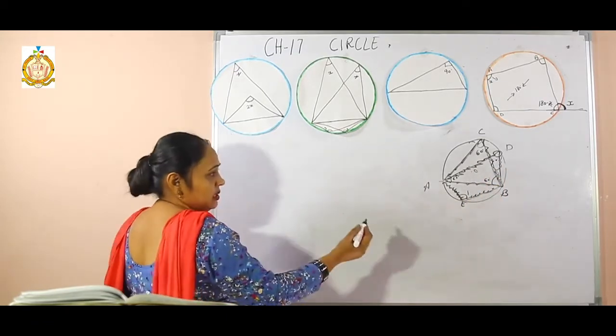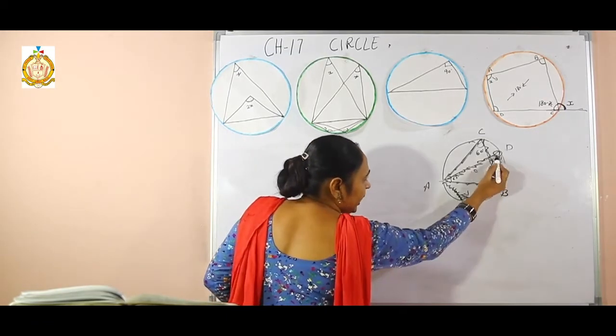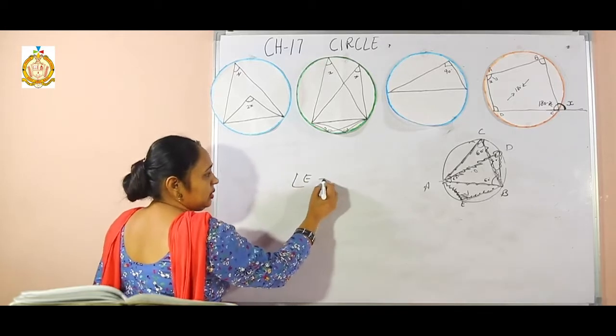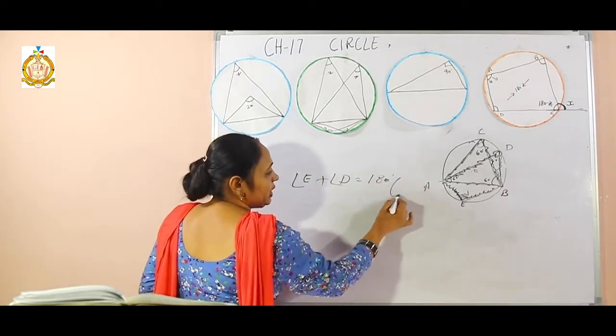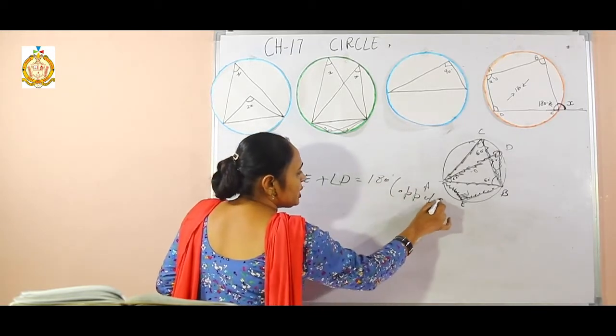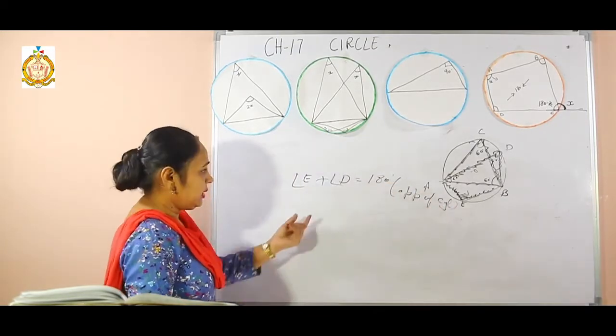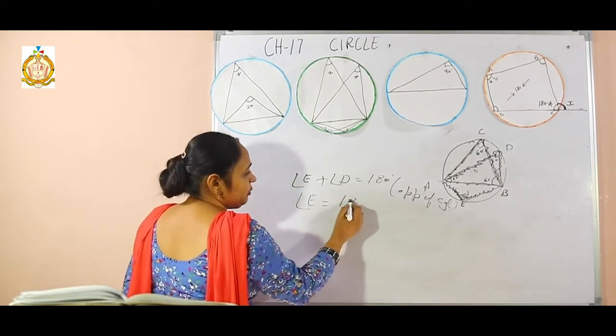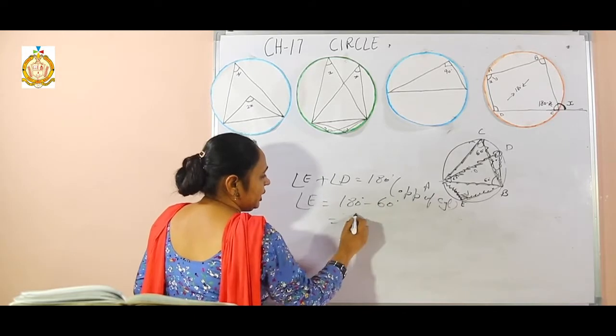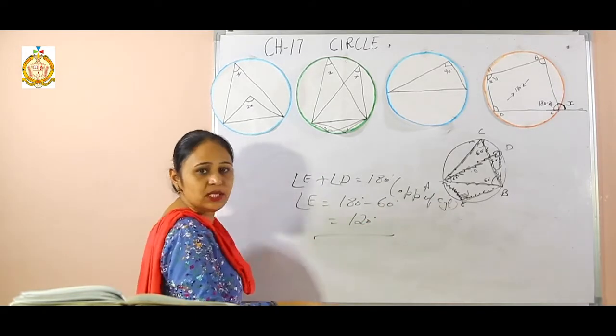Angle E plus angle D, its sum will be 180 degree because opposite angles of a cyclic quadrilateral. That means angle E we have to find, and angle D we also found, that is 60 degree. It becomes 120 degree. Answer is there.